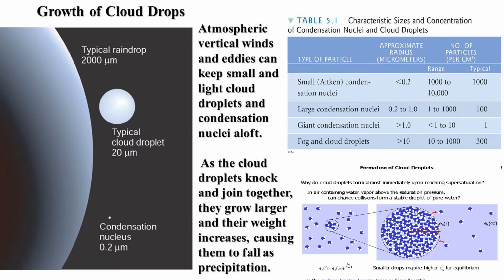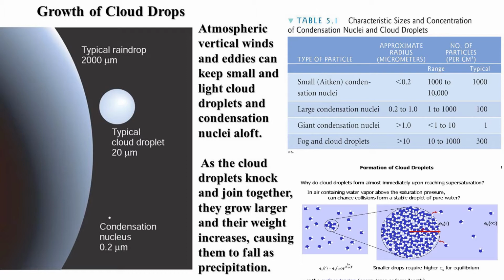cloud droplets form around the condensation nuclei, and we have talked about two types of condensation nuclei: hydrophobic and hygroscopic. Hygroscopic means water seeking: salt, dust, volcanic ashes, very tiny dust.